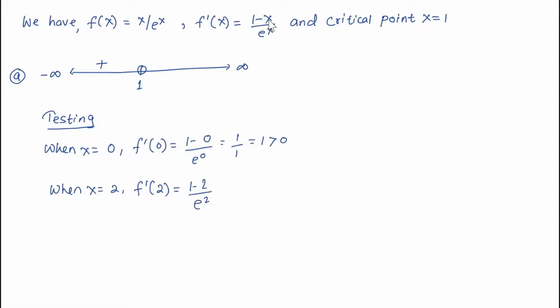So e to the 2 is a positive number. 1 minus 2 is negative 1 over e squared. E squared is positive, so 1 divided by a positive number is positive, with a negative in front. So the result is negative, less than 0. Meaning of that is the function is increasing on the first interval and decreasing on the second.